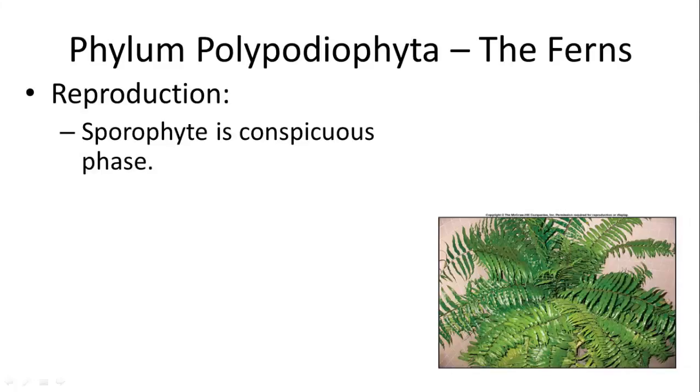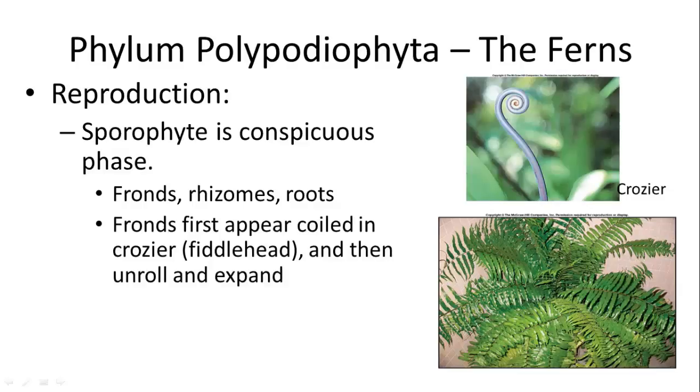They require water for their sexual reproductive lifestyle, so you will usually find them in very moist and wet environments. Their sporophyte is the conspicuous phase, or the phase which is most seen. They have, again, fronds, rhizomes, which are connecting really laterally, horizontally on the ground, and then the roots which go into the ground.